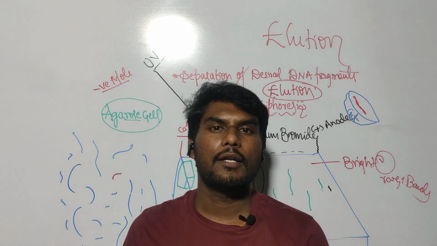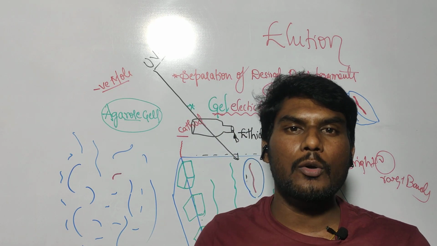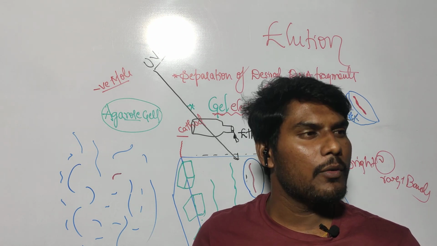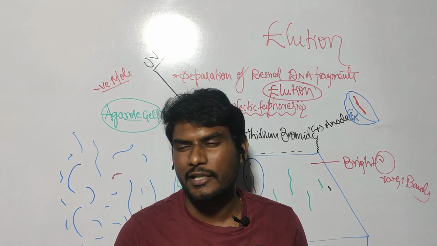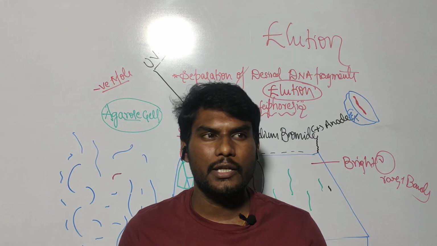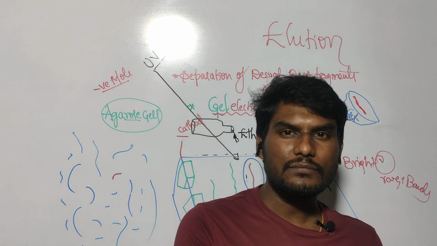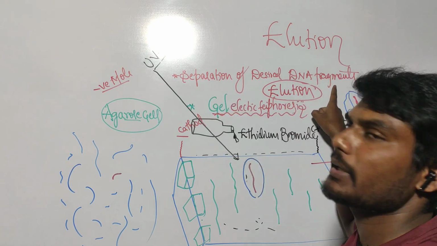That's all. So while you're reading this chapter, biotechnology, the first thing you have to read is processing of recombinant DNA, which is on page number 209 or 210 in your NCERT textbook. And after that, you have to come back and search for the heading, separation of desired DNA fragments.